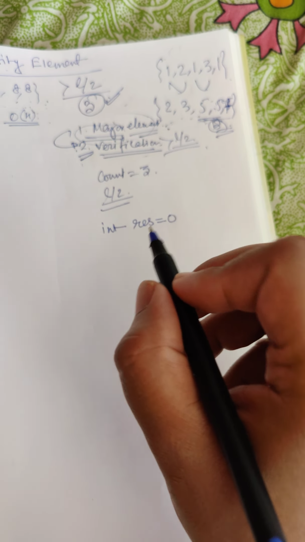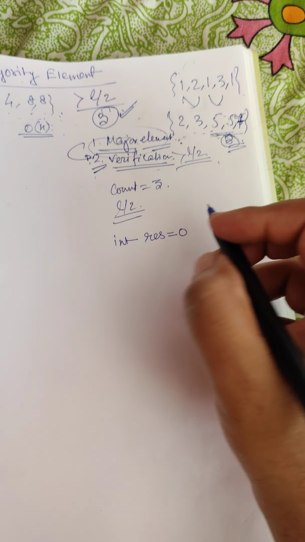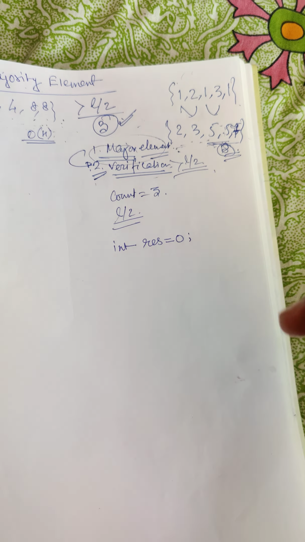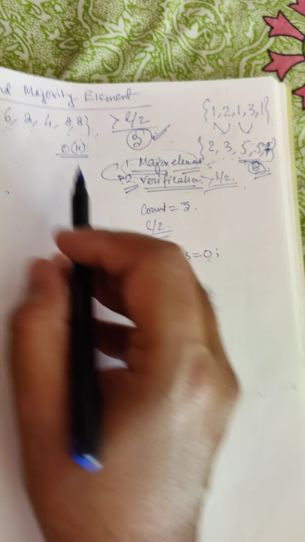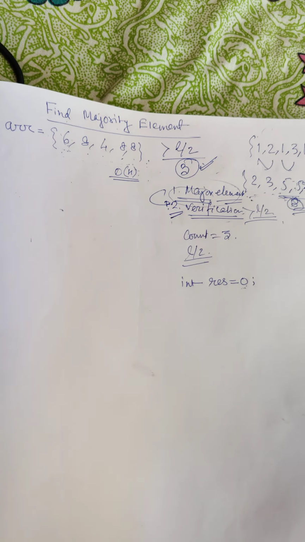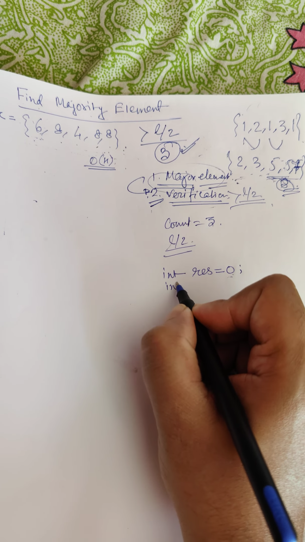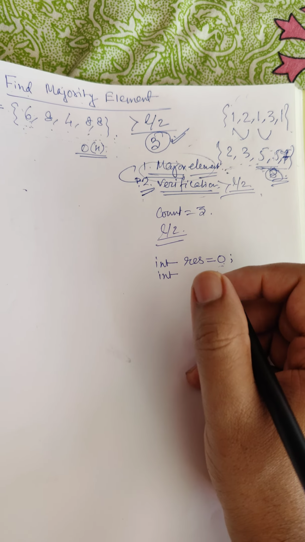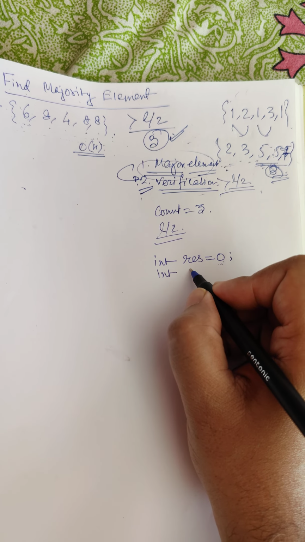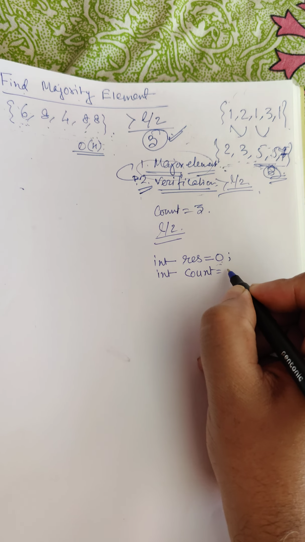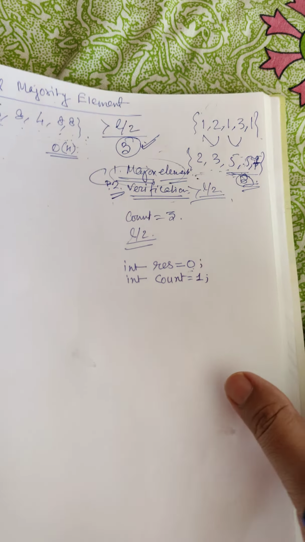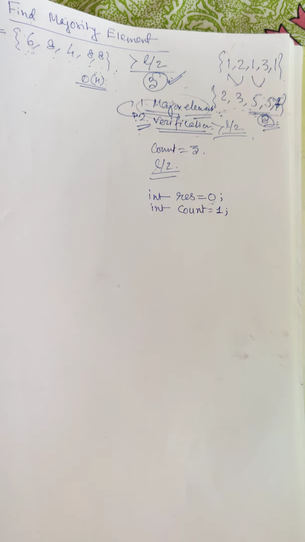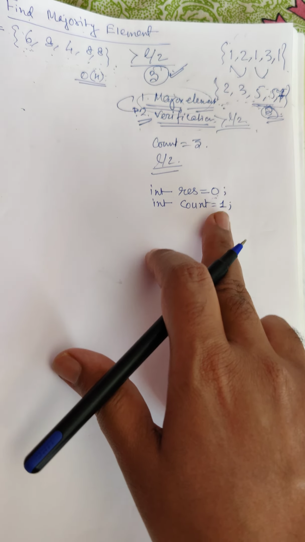I'm setting it to a default index, which is the 0th index of this array. There is another variable we are taking, count, which is 1. This count is not an index, it is a count of our element, and it plays a very important role throughout this algorithm.